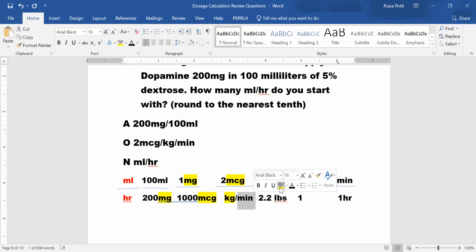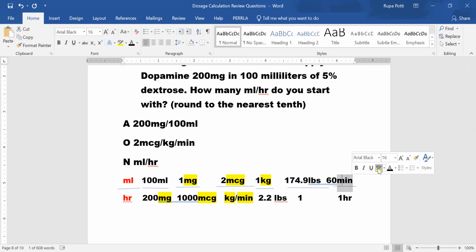You have minutes in the denominator, which will cancel with minutes in the numerator. You have pounds in the denominator, which will cancel with pounds in the numerator. So again, you're only canceling the units, but you're not doing anything with the numbers.